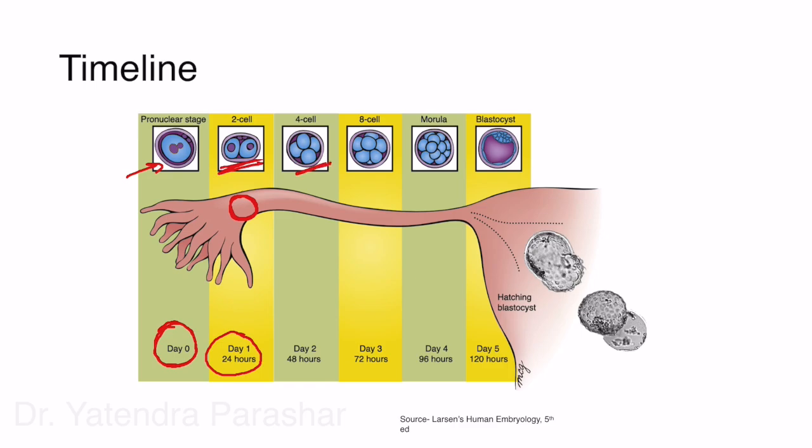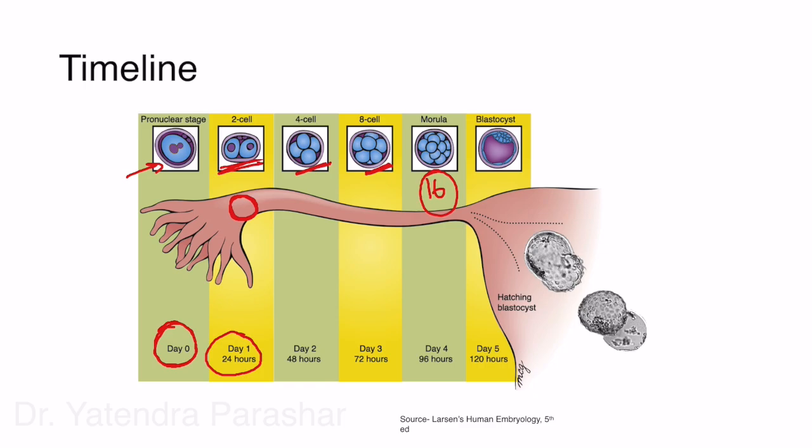Then it forms an 8-cell structure on day 3, and on day 4 it forms a mulberry-like structure with 16 cells, which is known as the morula.